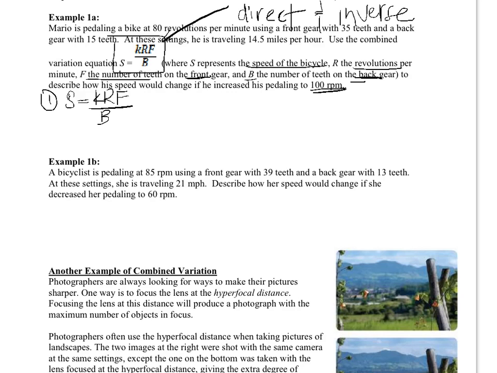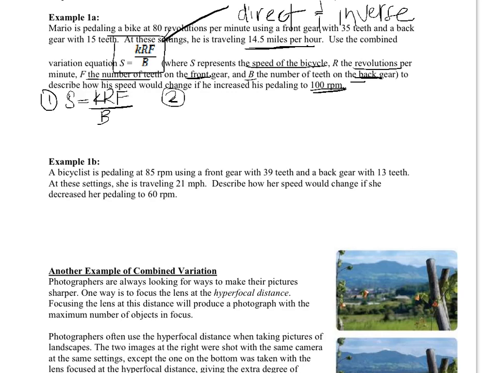Step 2, we're going to substitute what we know into this equation. And then we're going to solve for k. So what do we know? Well, in this case we got to look down. We know that he is traveling 14.5 miles per hour.